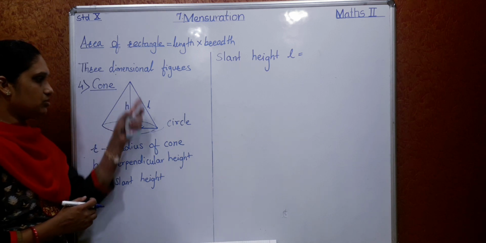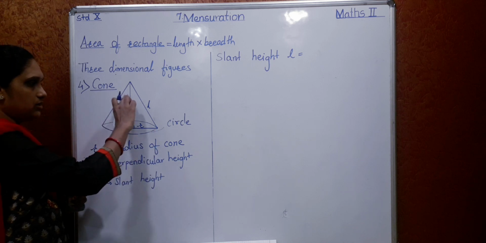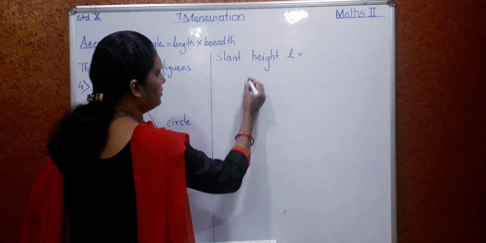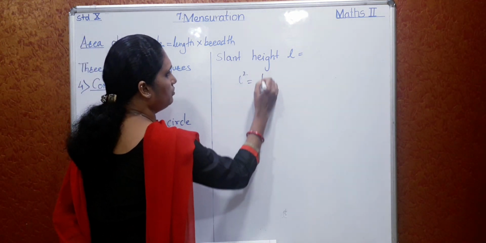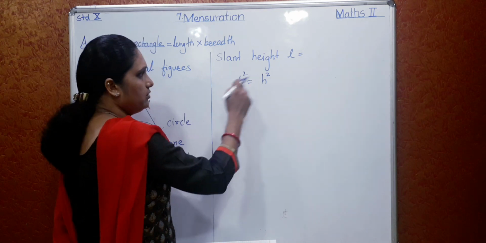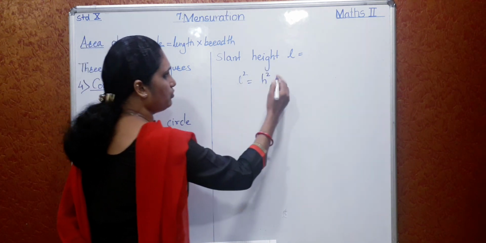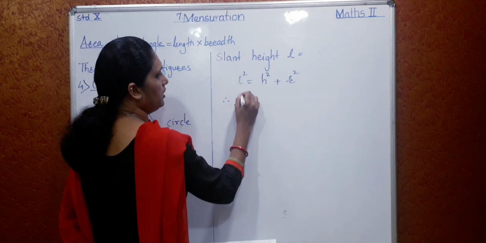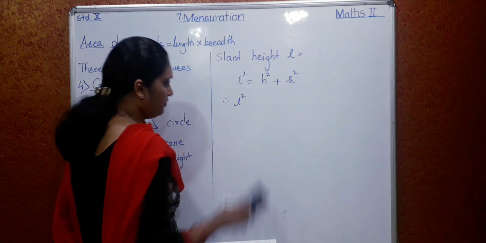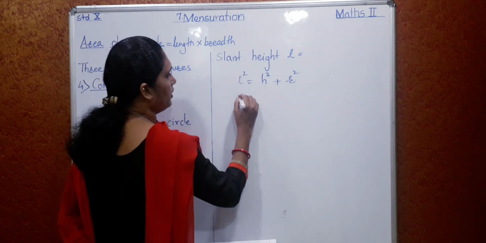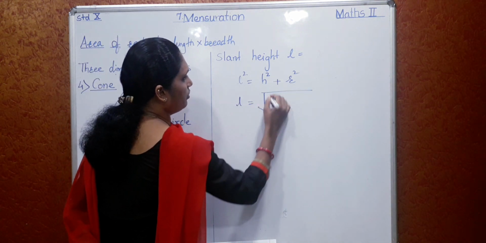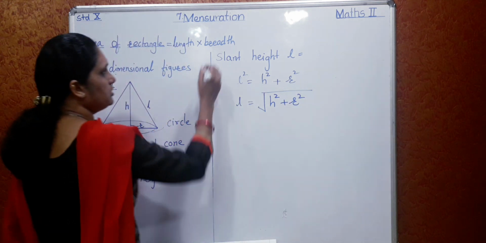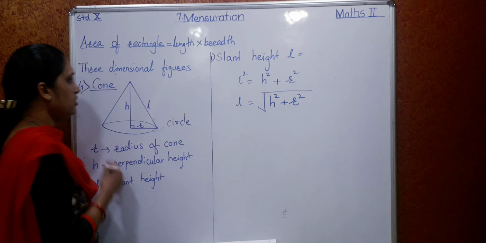Hypotenuse square is equal to one side square plus other side square. So L square equals H square plus R square. Now we'll take the square root of this. So L is equal to under root of H square plus R square. So this is the first formula for cone.